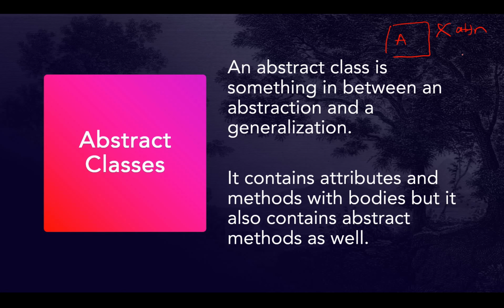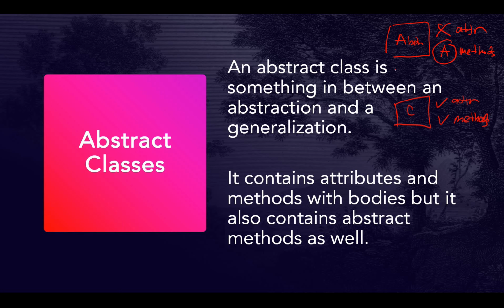It contains methods, but these methods are abstract, meaning these methods are just skeletons. You have normal classes, the default classes. They can contain attributes, and they can contain normal methods, meaning methods with bodies.